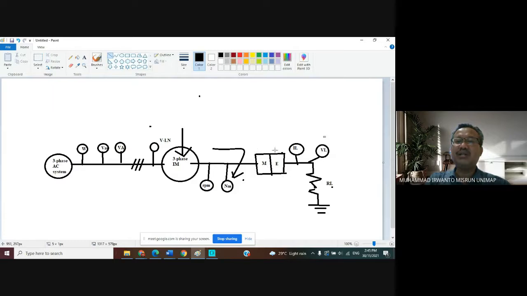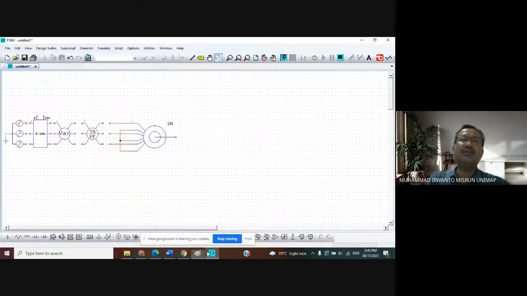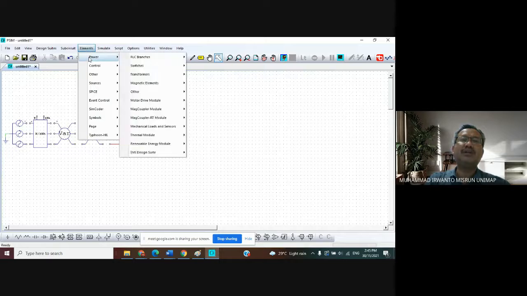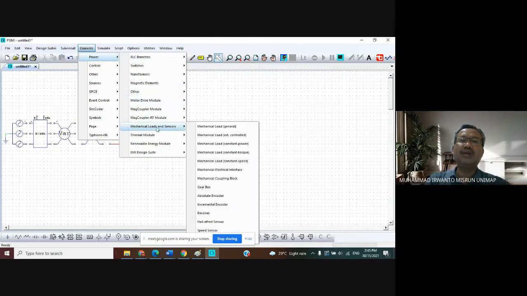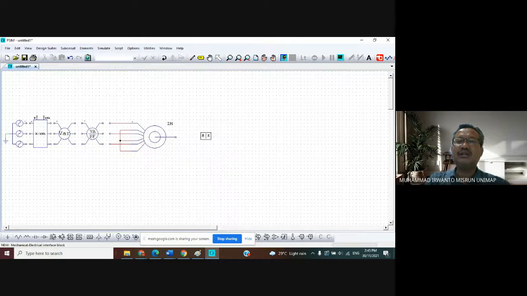We need the mechanical electrical part. This one can be obtained by clicking menu element and power, and also click mechanical and sensor, and then choose this mechanical electrical part in here.